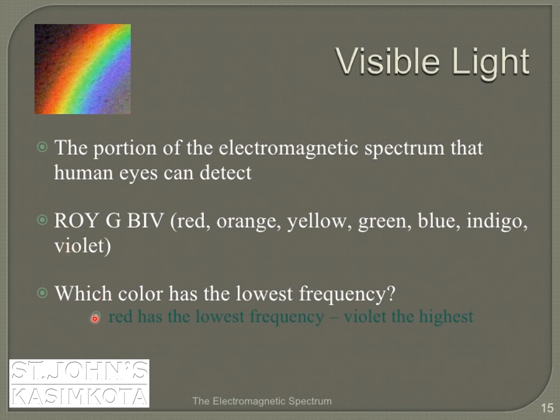So here the next question is, which color has the lowest frequency? Red has the lowest frequency and violet has the highest frequency. Remember that when we say VIBGYOR, the 7 colors are violet, indigo, blue, green, yellow, orange and red. And their wavelength is from smaller to bigger. Violet is at the shortest wavelength and red is at the longest wavelength.